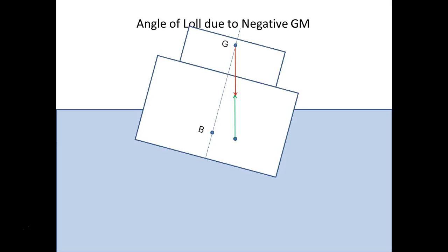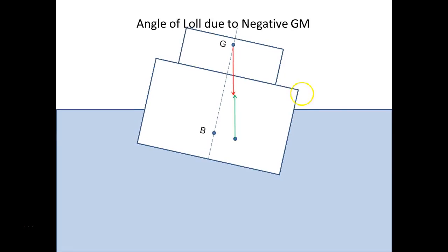This is called angle of Loll, and now there is no righting moment or upsetting moment, and the vessel comes to rest at this new angle, which is called the angle of Loll. Well, what happens if we were to bump the vessel back from this side, either by a tugboat or by waves? Boom, we bump it.